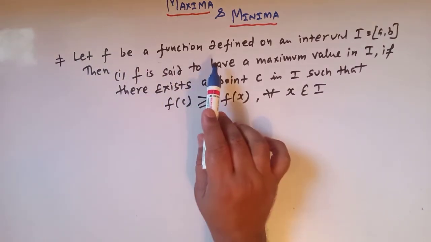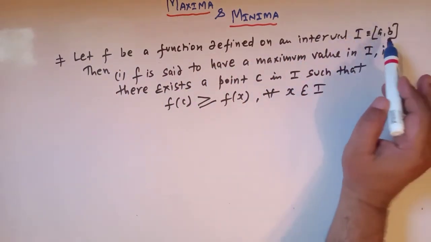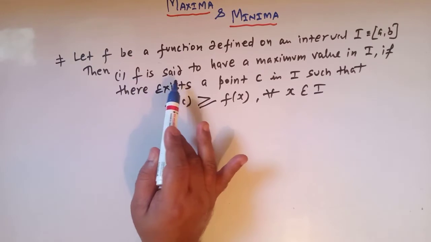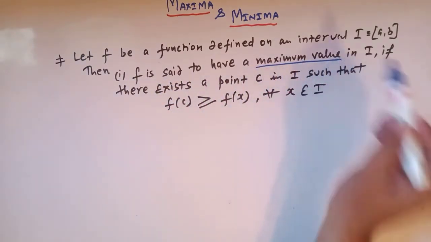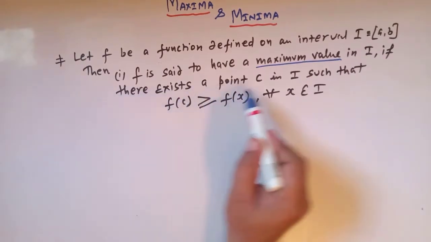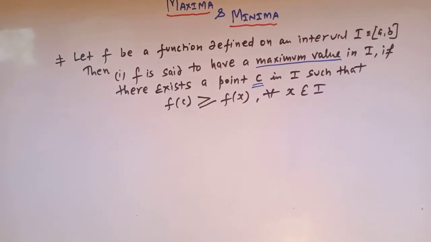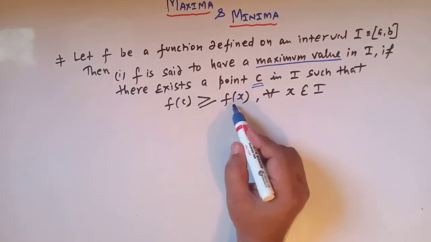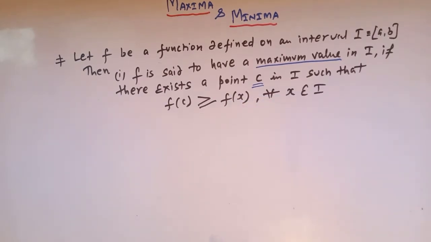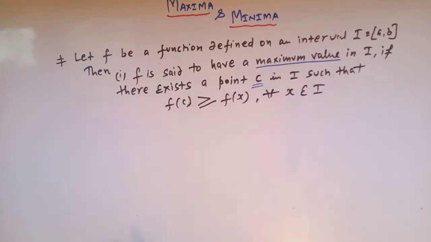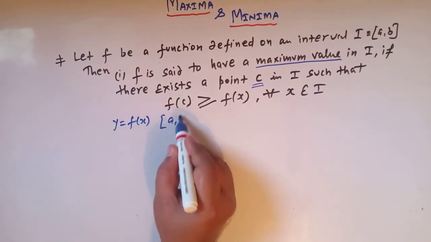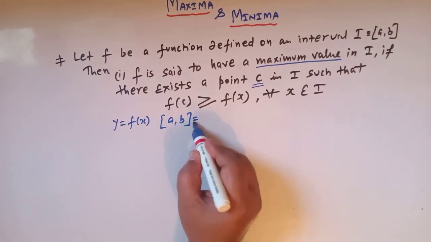Let f be a function defined on an interval I, and the interval is from point A to point B. Then f is said to have a maximum value in I if there exists a point C in I such that f(C) is greater than or equal to f(x) for all x belonging to I.